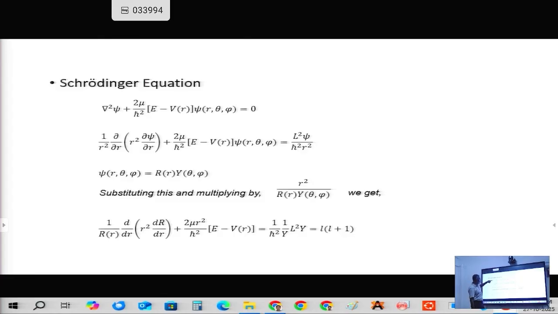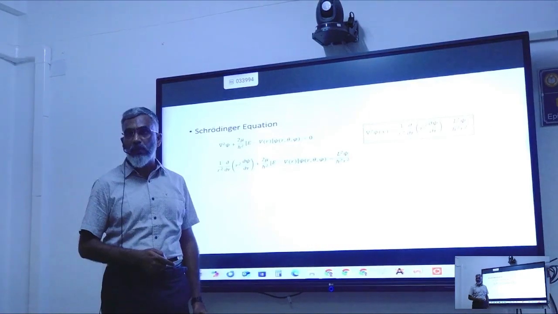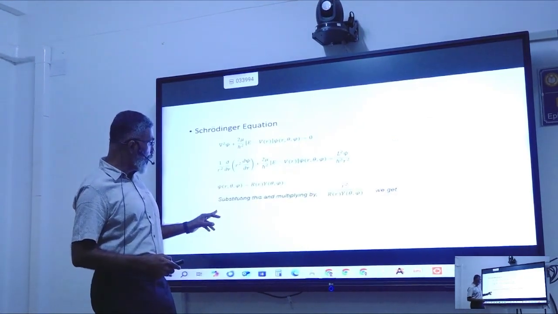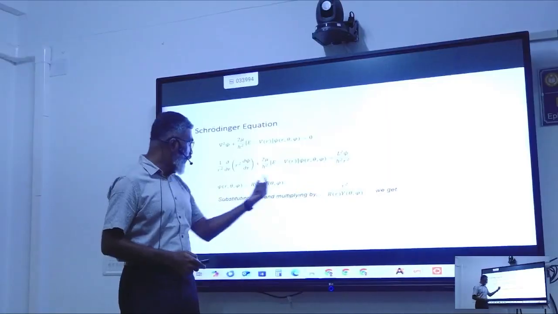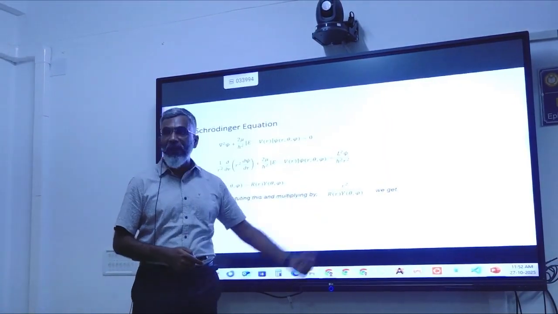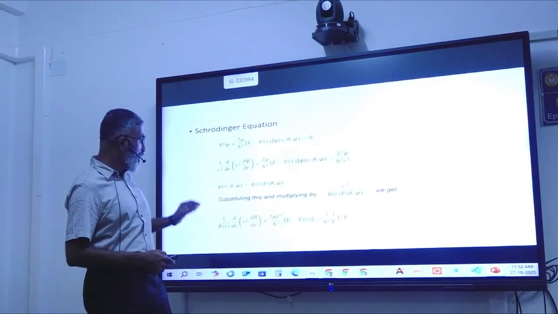If you use your previous expression, we can substitute it and get it in terms of L square by h cross square r square. And of course, now instead of psi, I write R and Y, and then multiply with r square by RY. So this is a simple substitution.